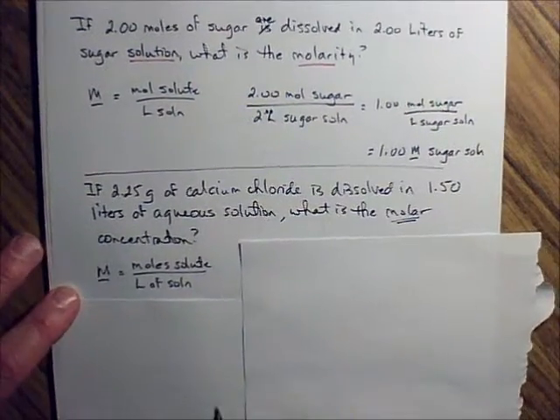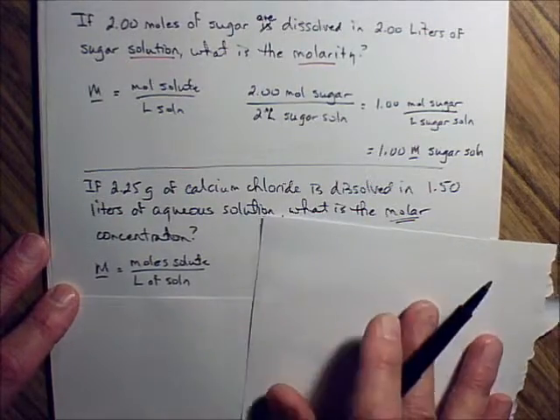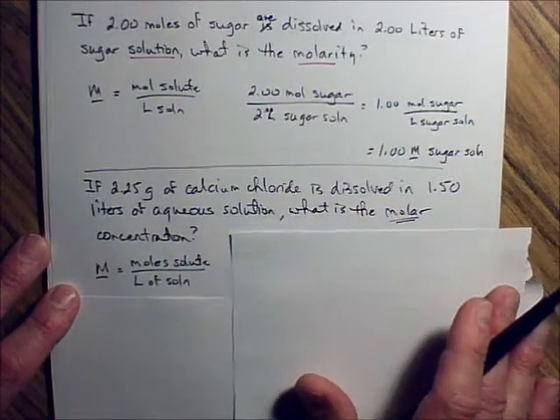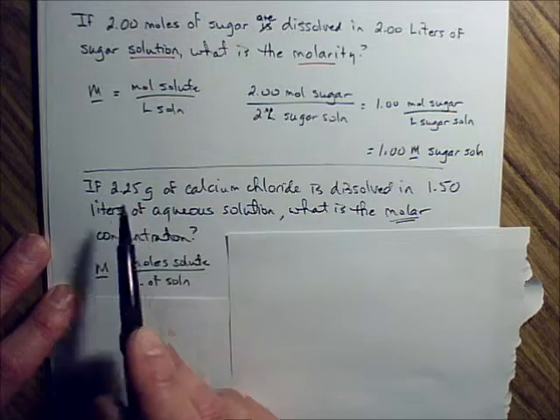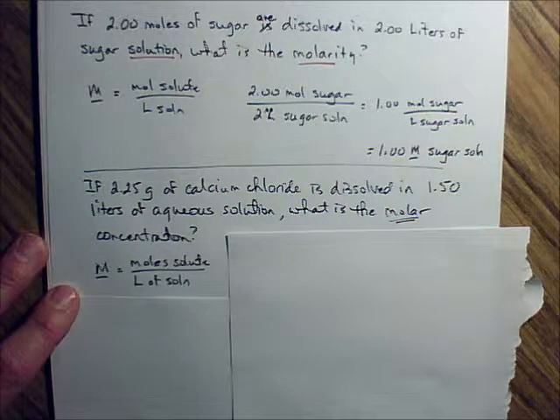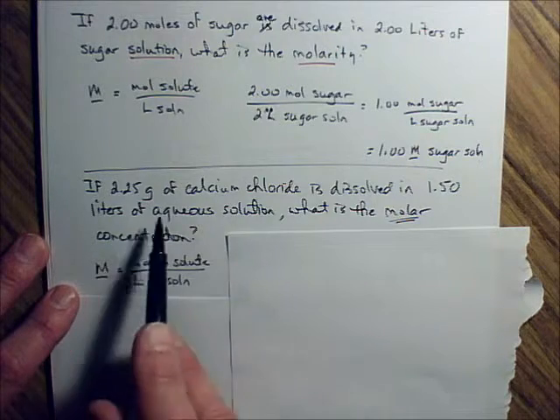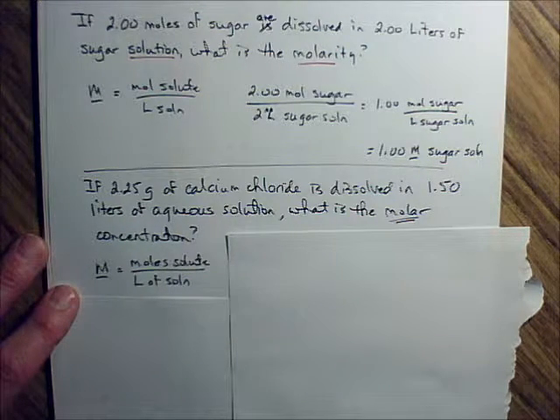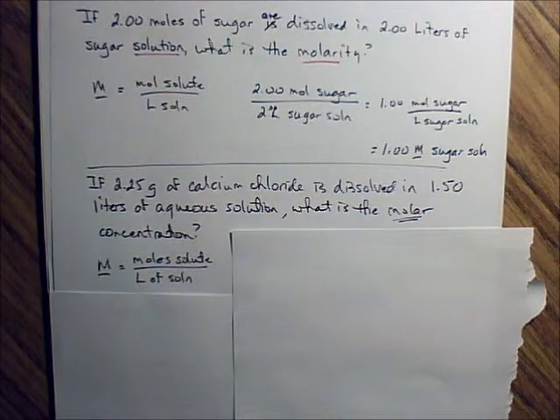Well, you've got to get it into moles of solute over liters of solution to find the molar concentration, right? We've been converting grams to moles for 6 weeks, haven't we? So convert the grams of calcium chloride into the moles of calcium chloride. Can you do that?